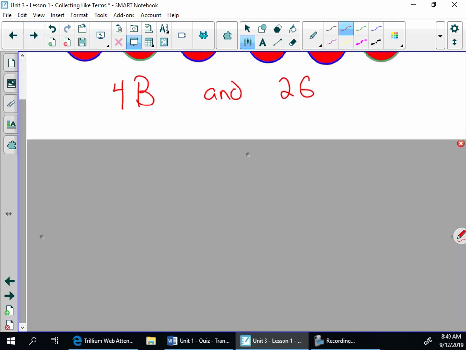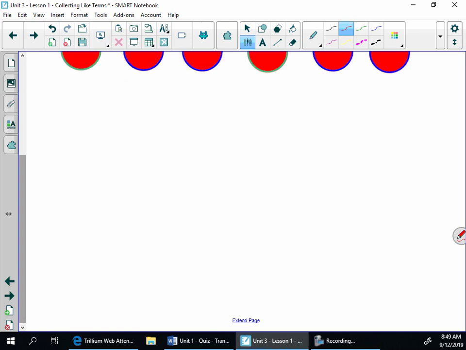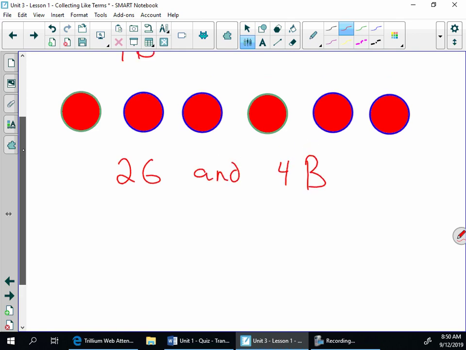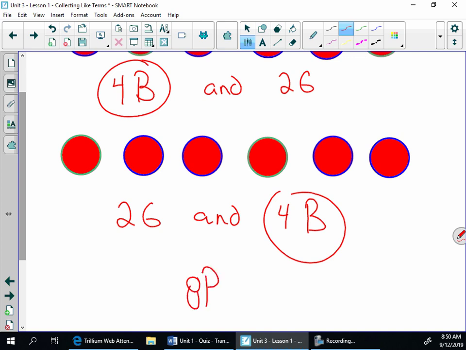If we look at the next set, what do we got down here? Let's take a look. We've got 2 green and 4 blue. And I purposefully put these things out of order from before because order doesn't really matter. The fact that I've got 4 blue here and 4 blue here means I've got 8 blues and 2 green.